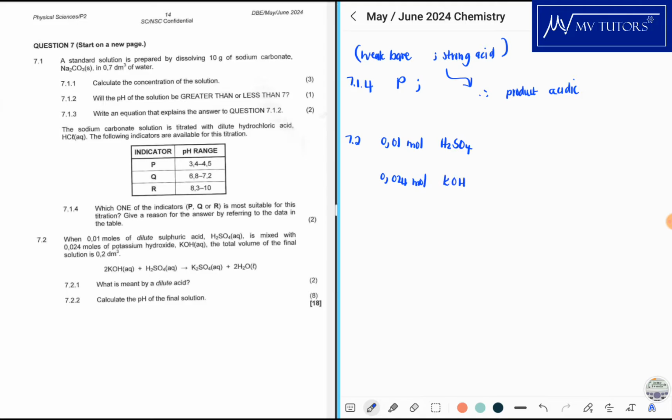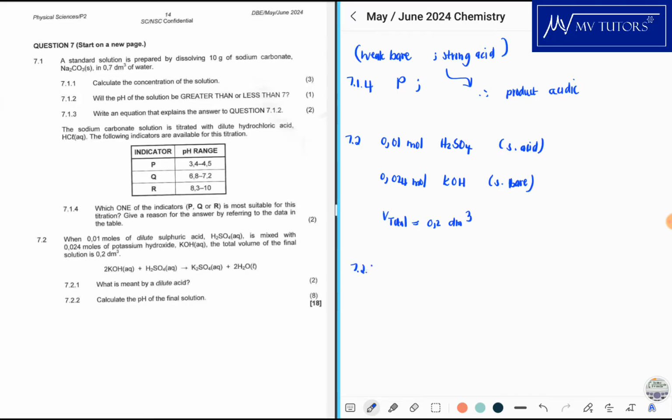So now you have a strong acid and a strong base, but that acid is diluted. So yeah, what does that do to its strength? The total volume of the final solution, V total, is equal to 0.2 cubic decimeters. And we have that reaction there. The chemical formula has been given.